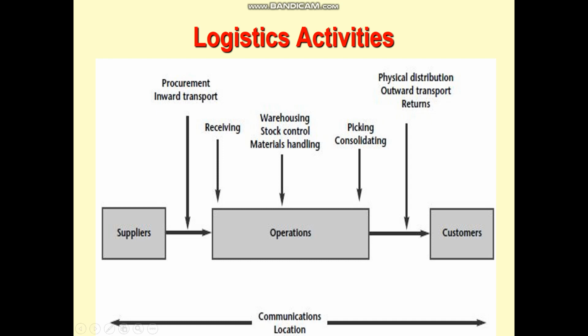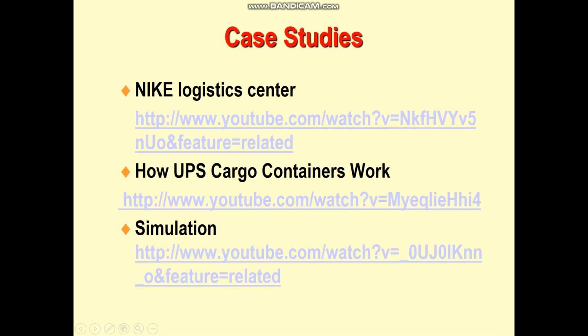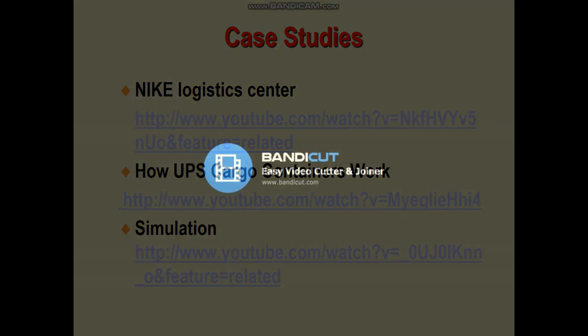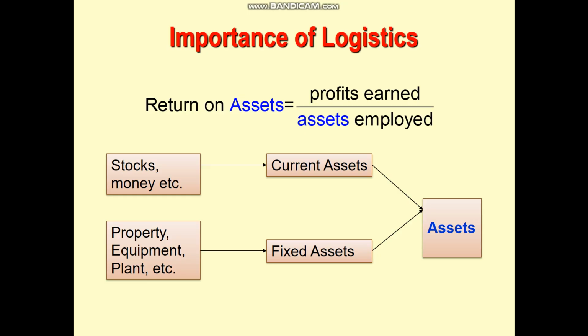After they receive the orders from the customer, they will pick the orders, then deliver the products to the end user. You can also look at the case studies about Nike Logistics Center or the UPS Cargo Container Works to see how important logistics is.